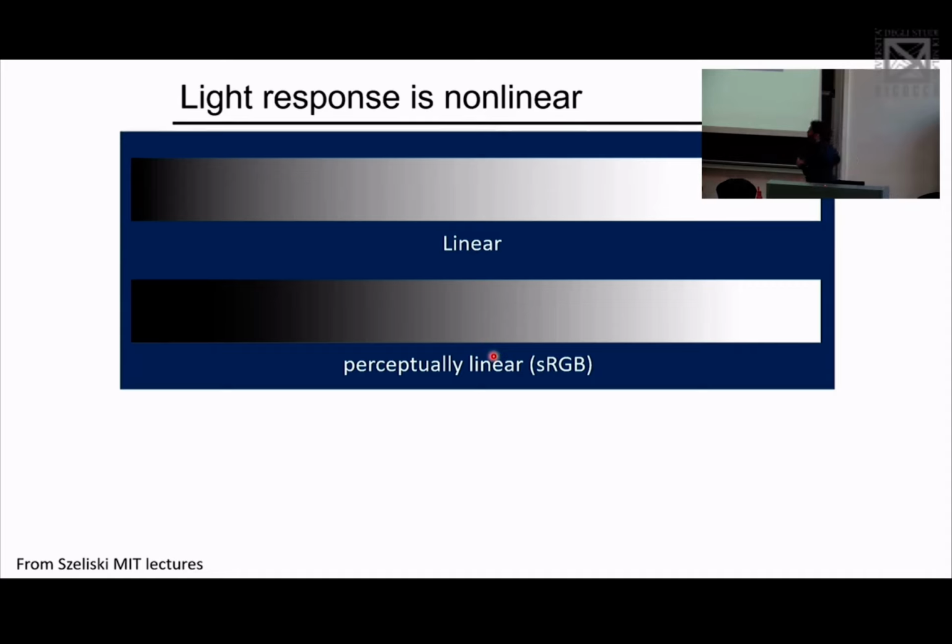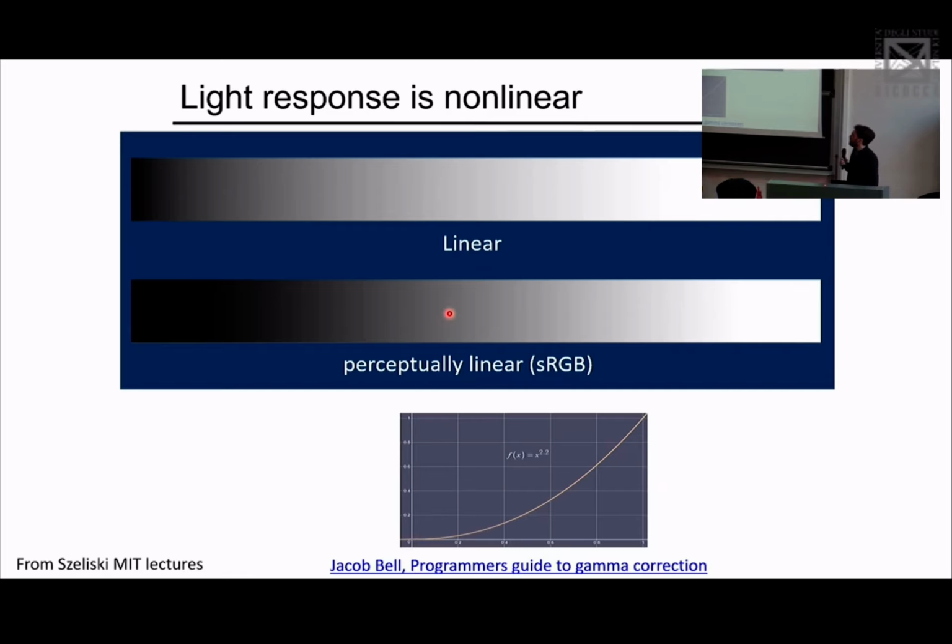By the way, your light response is not linear. So if I start from here and put intensity 0 and here intensity maximum, you will perceive something like that. Well, actually, you're perceiving it because this is really computer generated. If you take a power function of that, you perceive this slope as perceptually linear.